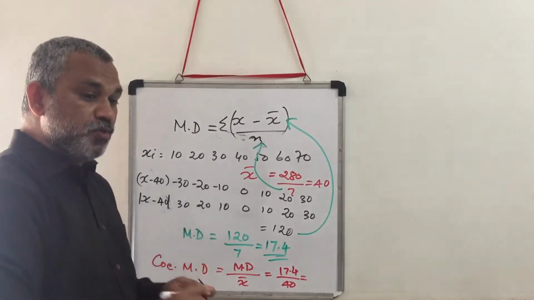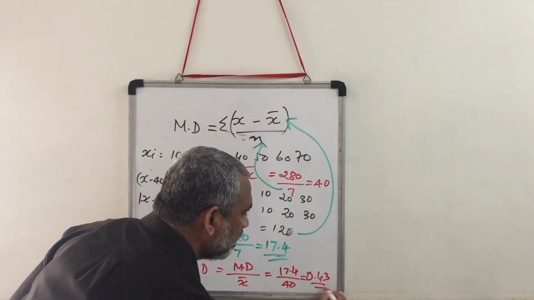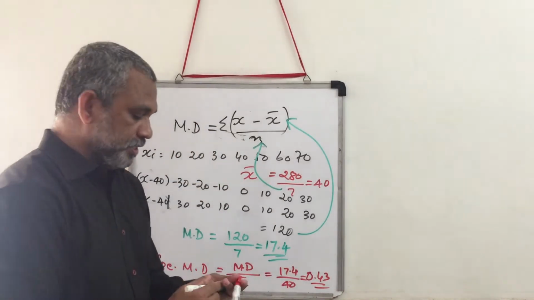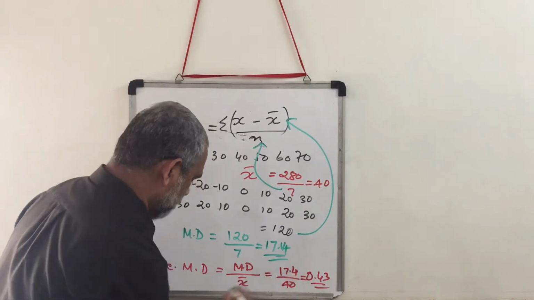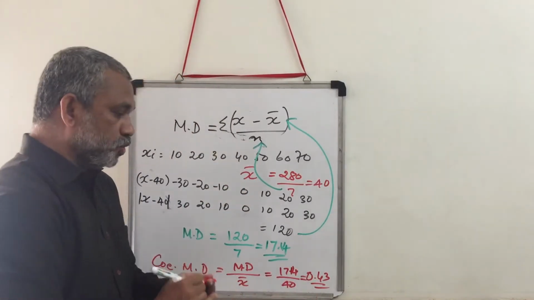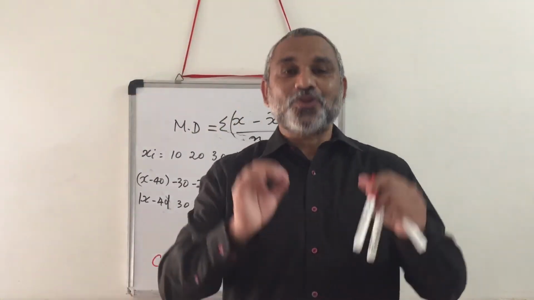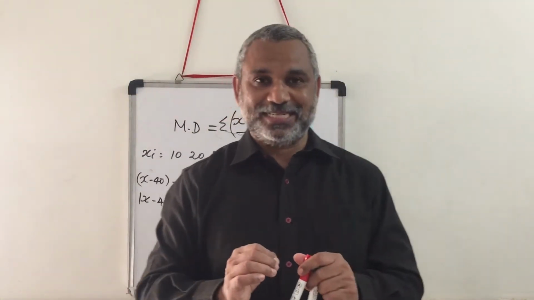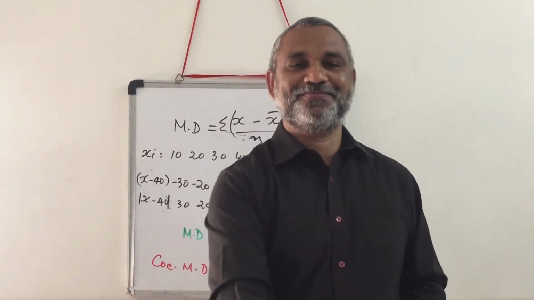That value is going to be 0.43. Okay, so there's a small correction, it is 0.43. So this is the coefficient of mean deviation. This is how we calculate mean deviation for ungrouped data.